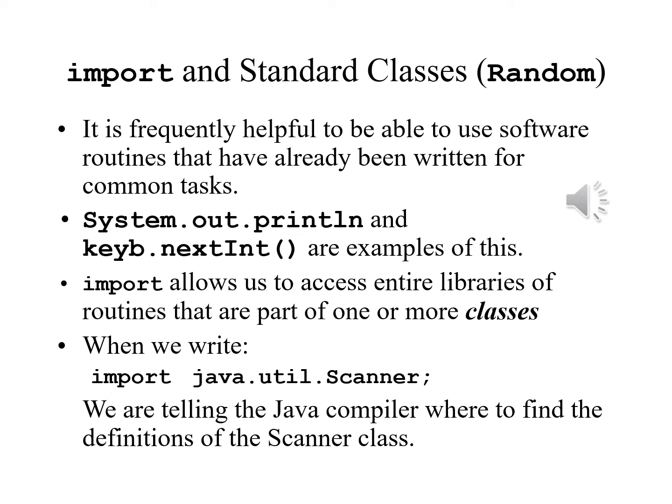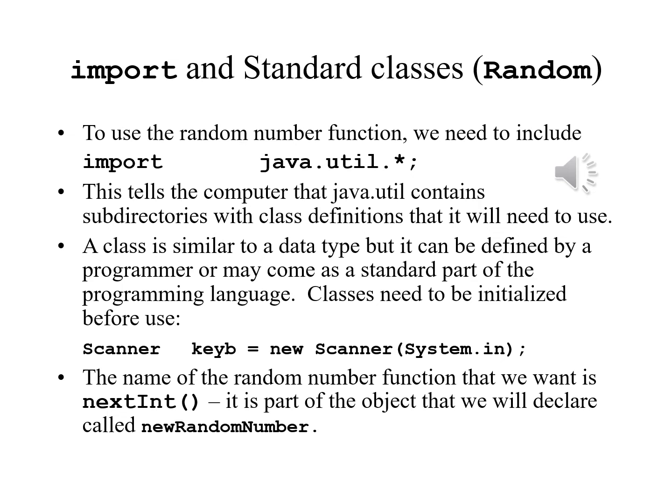When we write in the program import java.util.Scanner, it's telling us essentially where to find the necessary software, the necessary definitions for the Scanner class. It is inside a directory called util, and it is inside the subdirectory where the various libraries for Java are contained. If we are looking to use the random number function, we're going to make a change to the import statement that we used.